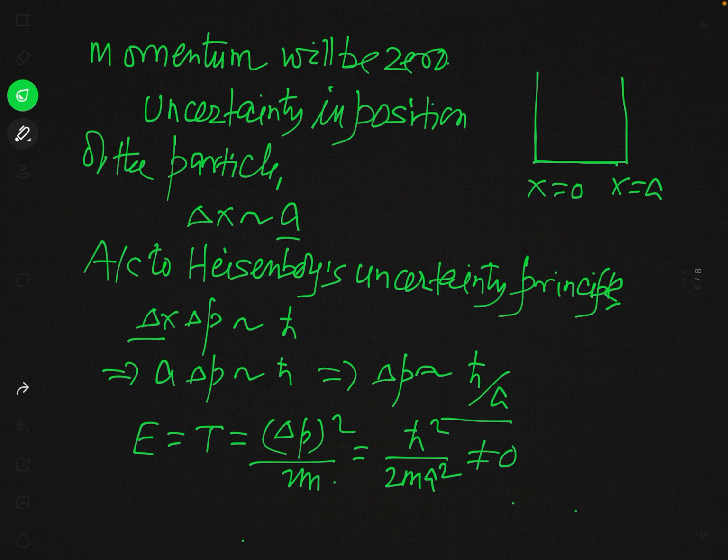So the minimum energy will never be 0, and hence the zero point energy of a particle in a one dimensional box is not 0, but it is equal to pi square h bar square over 2ma square. So these were some important facts regarding the particle in a one dimensional box.